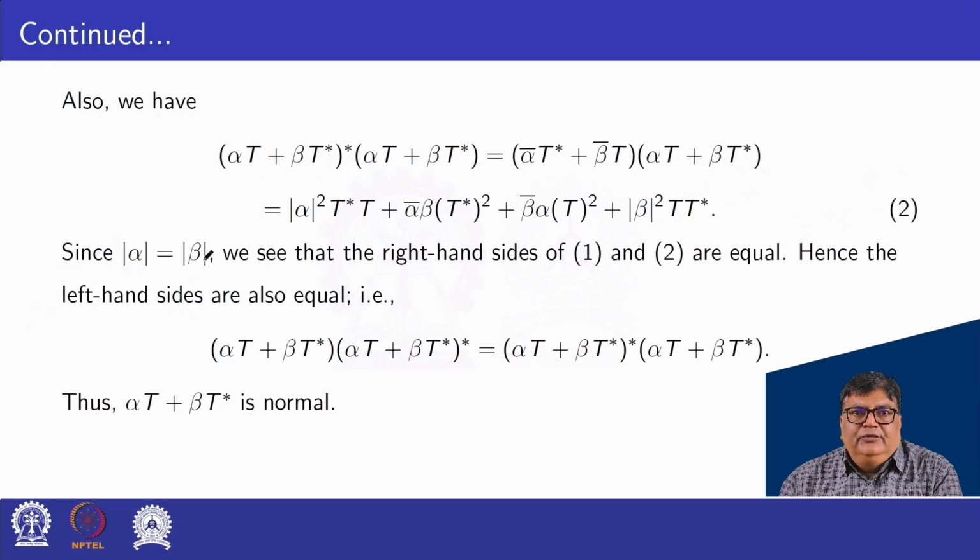For mod alpha equal to mod beta, the left hand sides of equations 1 and 2 are also equal. So alpha T plus beta T star into star of alpha T plus beta T star equal to star of alpha T plus beta T star into alpha T plus beta T star. So this is of the type TT star is equal to T star T. Thus alpha T plus beta T star is normal.